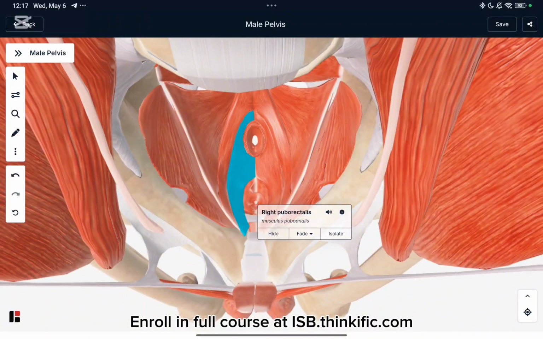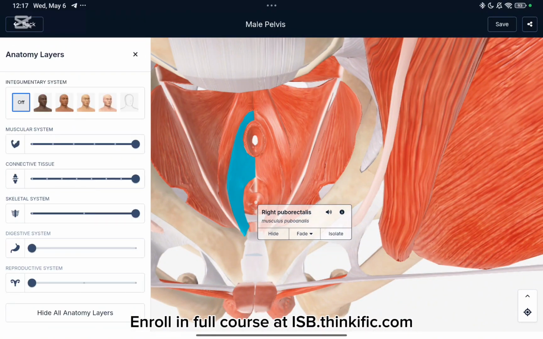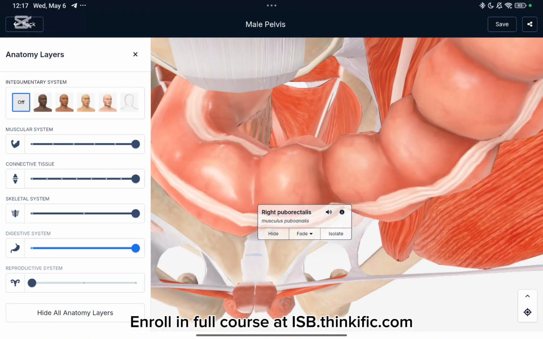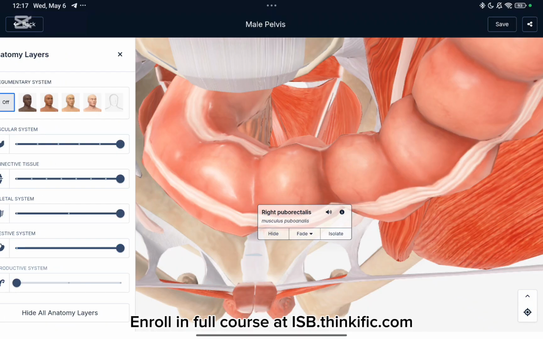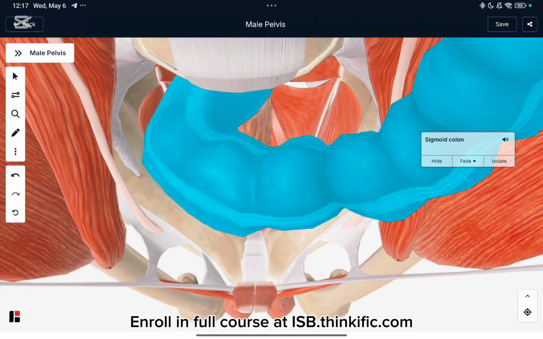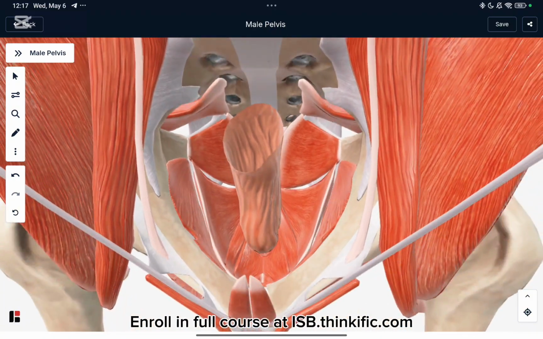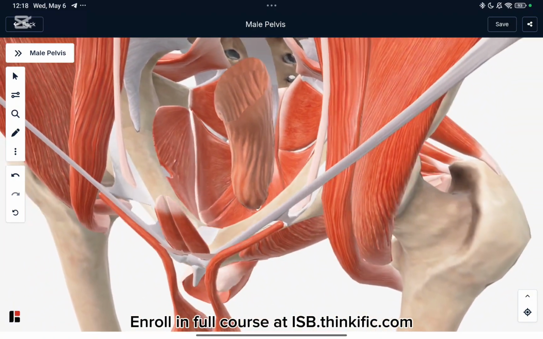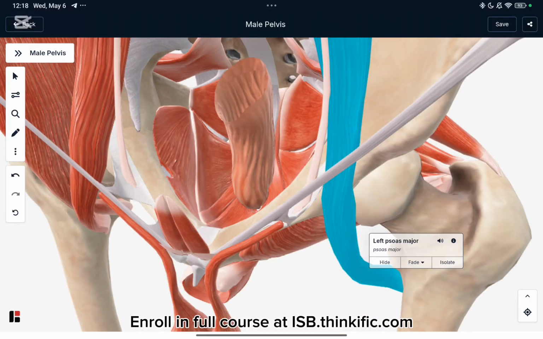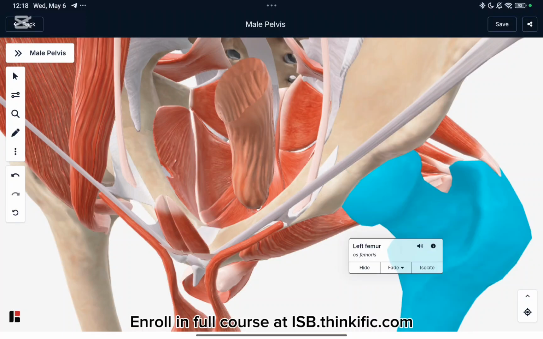Let's go and put some of the viscera inside. This is the sigmoid. We're going to remove the sigmoid. So we have, this is the rectum, right? And when we move to the side, we have to remove a lot of structures to reach this.